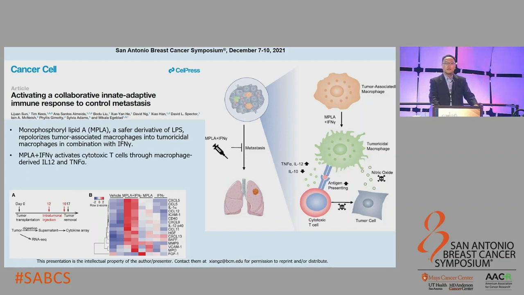And these two things turn the immunosuppressive macrophages into tumoricidal macrophages, turn the bad macrophages into good macrophages. And the good macrophages in turn secrete IL-12 and TNF-alpha, which activate cytotoxic T cells. And you can inject these two things into the tumor and reduce tumor progression and metastasis.